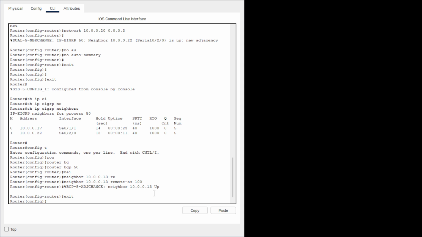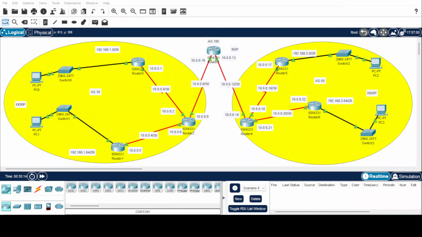And before I do redistribution of the EIGRP into the BGP, one thing we should know is that EIGRP is based on the interface metrics, because from those it will calculate the link cost.